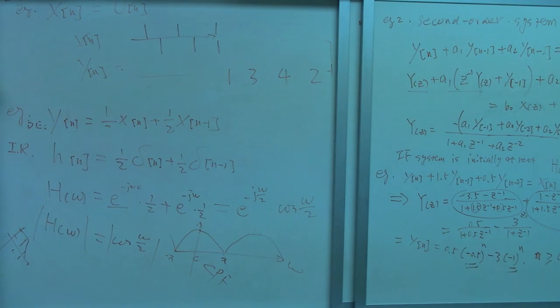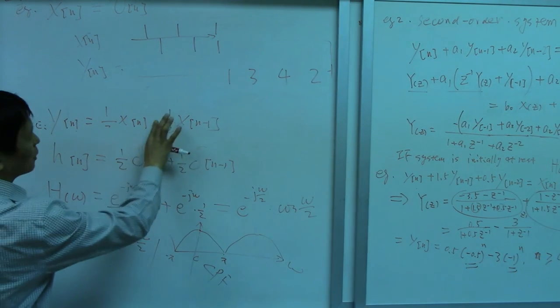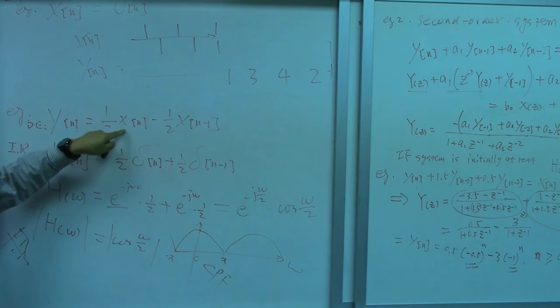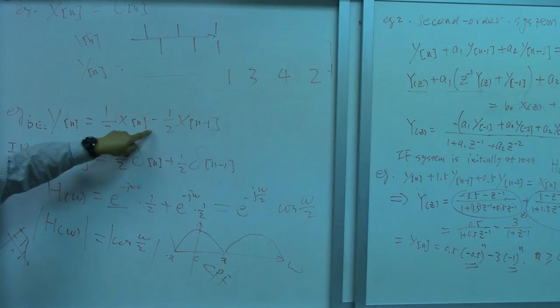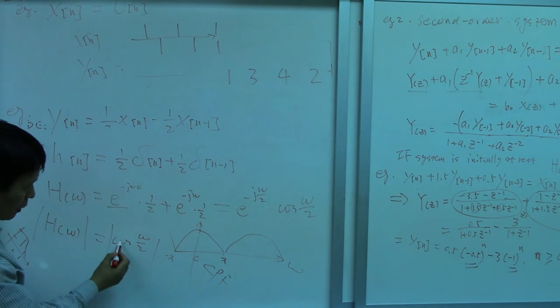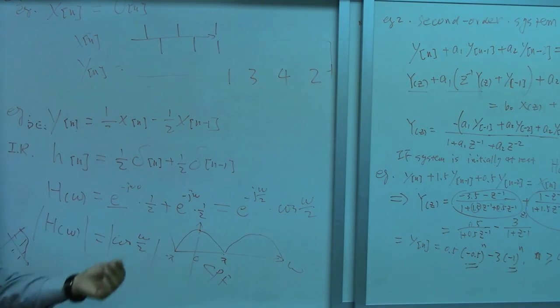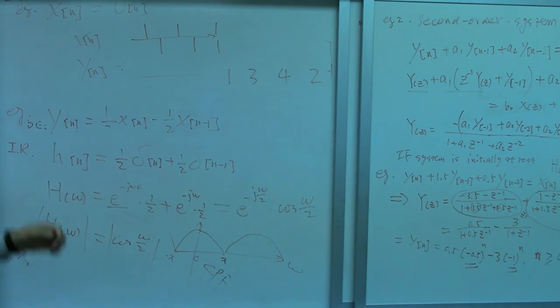Or if I say there is DC noise, what kind of system are you going to design? The hint is you change this one into negative. If you change this into negative, it will be totally different. That will be a high pass filter. Now look at this.